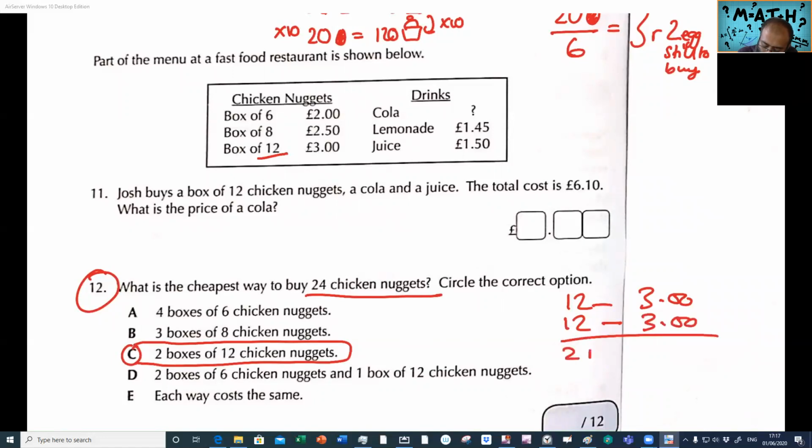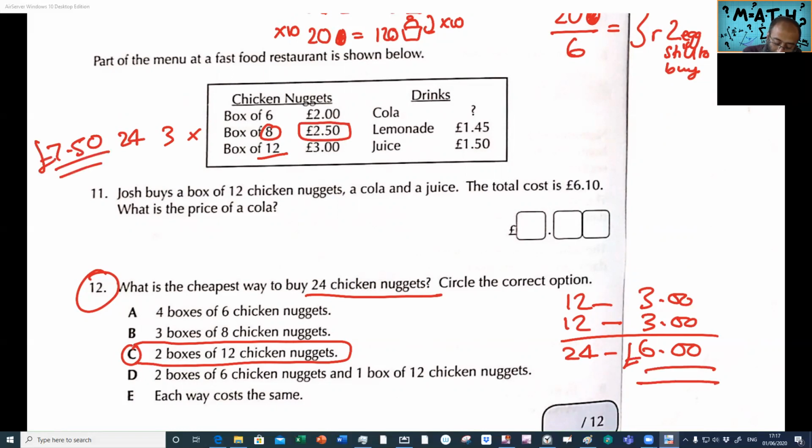So if you buy 24, that'll be £6. Now, if you do it any other way, for example, if you buy 3 of these boxes here, because 8 times 3 is 24, that'll give you £7.50. That's already more expensive than 6. And if you buy boxes of 6, then you need 4 of those boxes, and 4 times £2 is £8. So that's even more expensive.